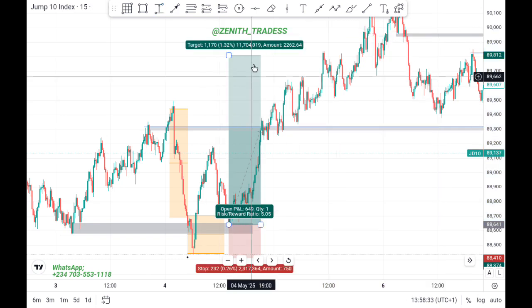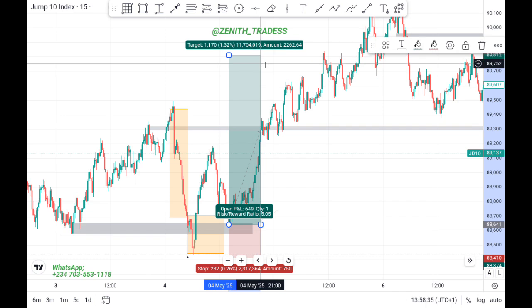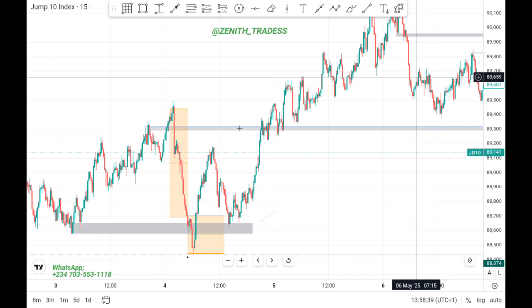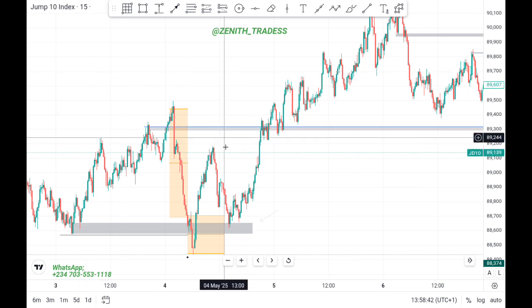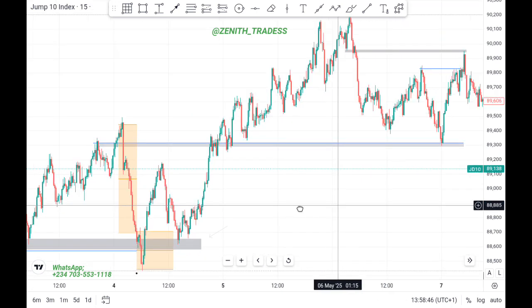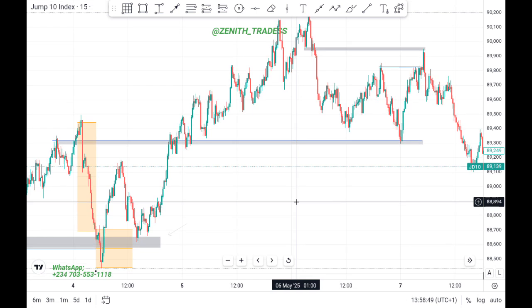If you have multiple positions, let's say like 5 positions, because the margin call for 0.01 on Jump 10 is not that big, so you will know how much that will fetch you. So that's CRT, basically trading it in line with 4H swing structure, that is following the objective.